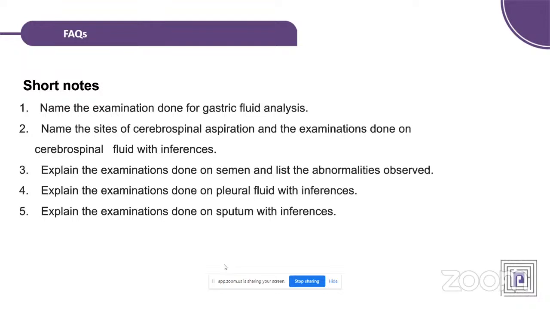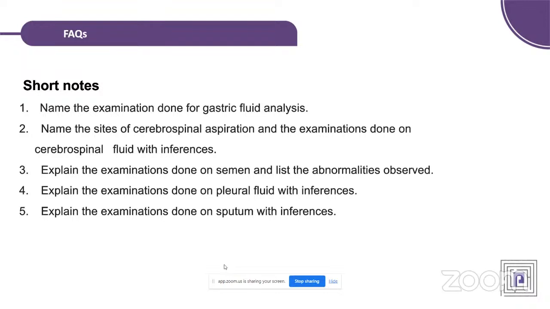So the site would most commonly be the L3 and L4 gap, the junction of L3 and L4. With the help of a lumbar puncture needle or spinal needle, it is inserted between the third lumbar vertebra and fourth lumbar vertebra and the sample is collected. And what are the examinations done on CSF with inferences?